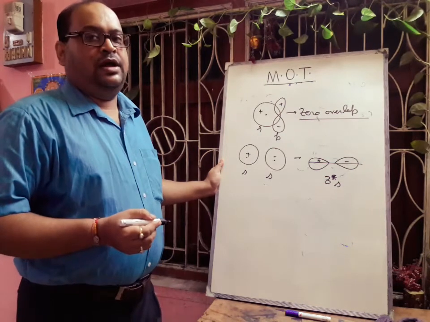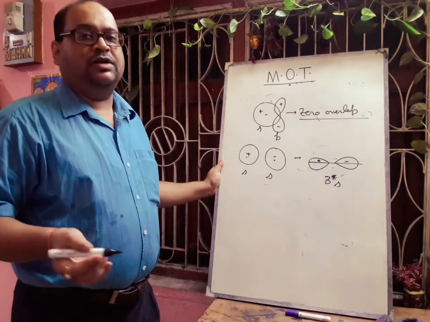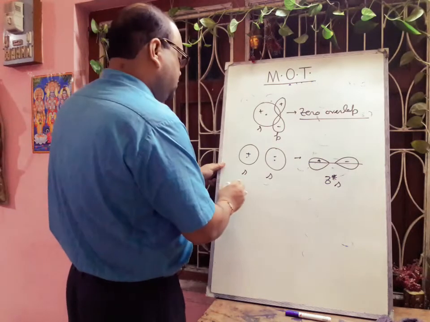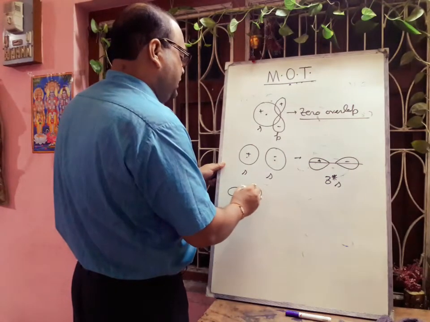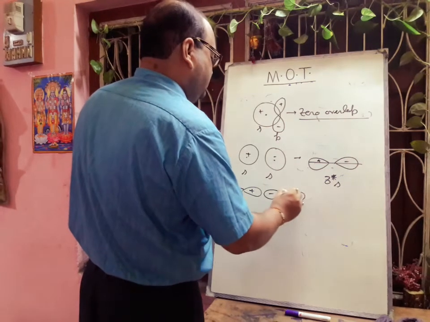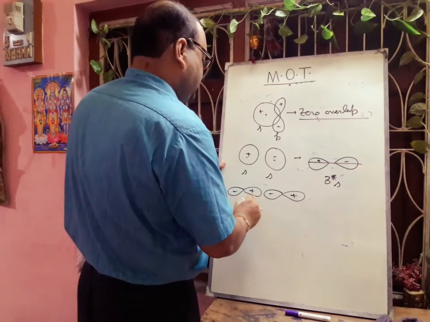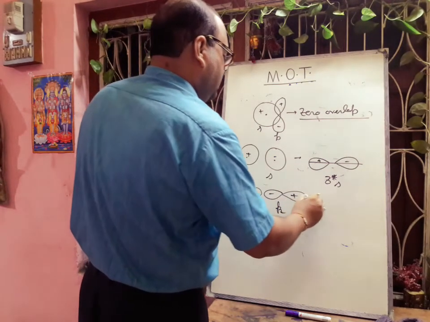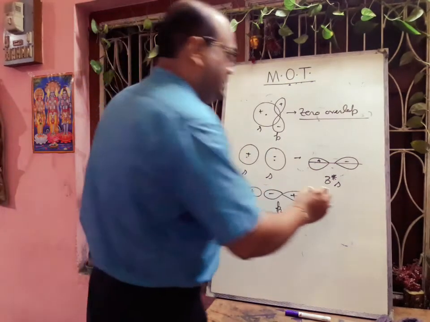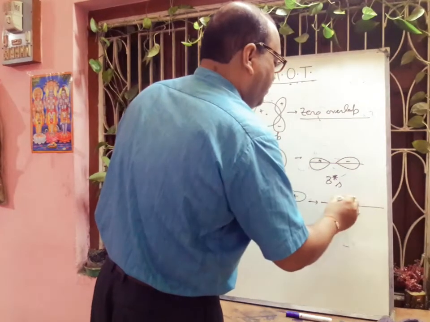This is called sigma star s anti-bonding. In the same way, consider the out of phase overlap of two p orbitals. Suppose this one is a p orbital, here it is plus minus, and another p orbital is coming, this one is minus plus. This one is pz and this one is also pz. Then what will happen? Definitely there will be repulsion, there will be no formation of bond.